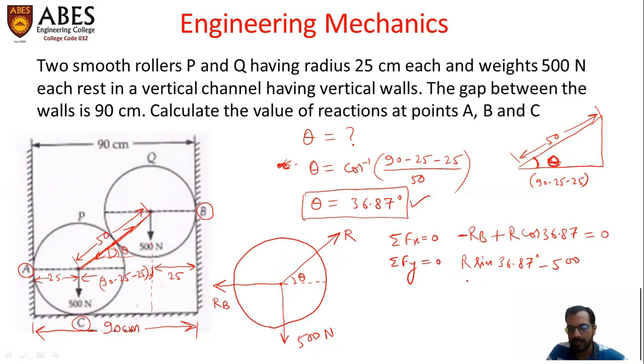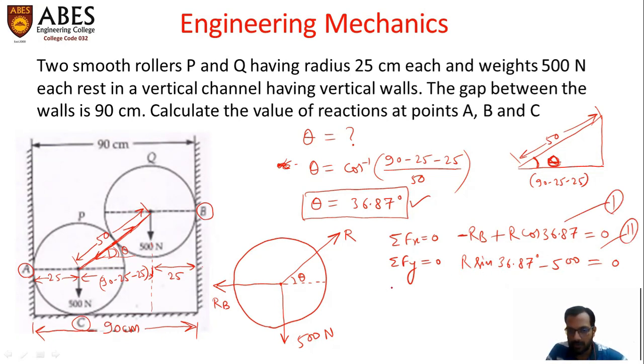So it should be considered negative, and it is equal to 0. This is the first equation and this one is the second equation. Using the second equation, we can directly calculate the value of R.